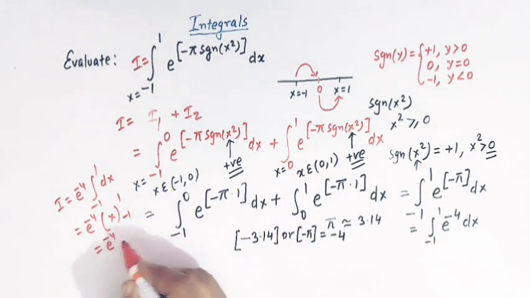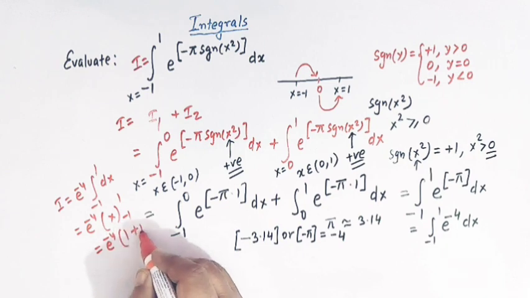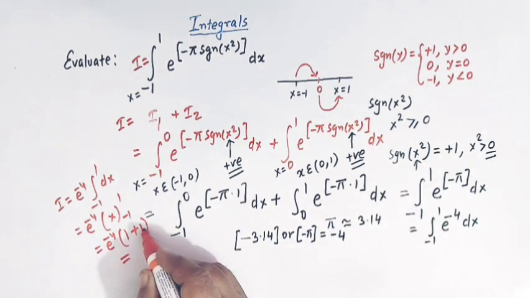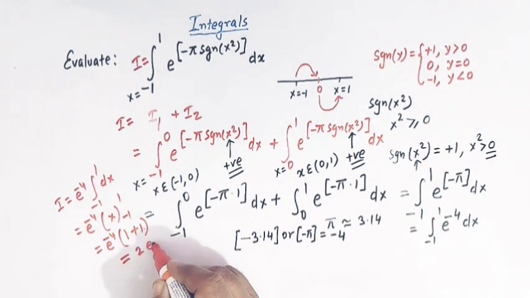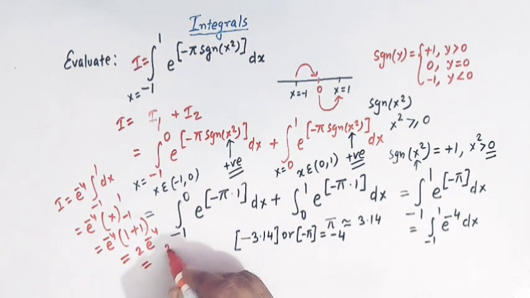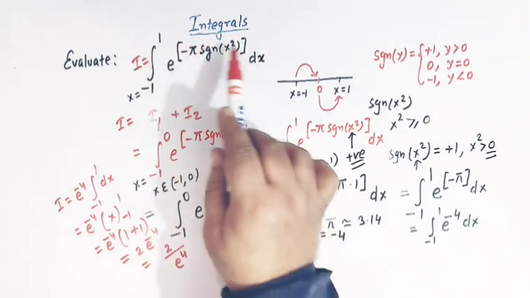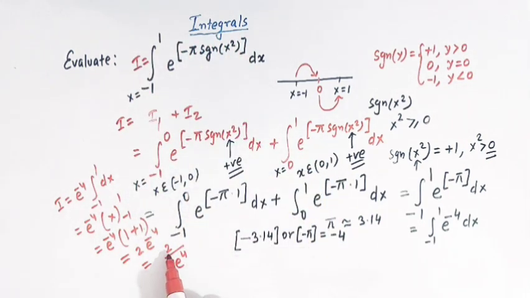So we have e raised to minus 4 times 1 plus 1, substituting the limits and taking the difference. So 1 plus 1 is 2. So 2 times e raised to minus 4, which can also be written as 2 divided by e raised to 4, right? So viewers, the value of this integral is equal to 2 over e raised to 4.